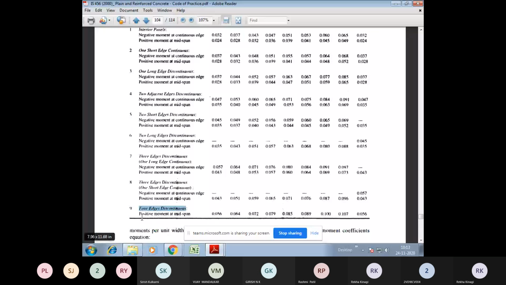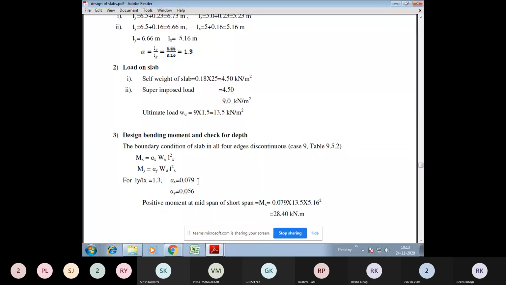So we have considered the positive moment at the midspan condition, and we have got one alpha x value and one alpha y value. Here there will be no negative moment since we are not considering any support section. Considering that, we have got alpha x value as 0.079 and alpha y value as 0.056.